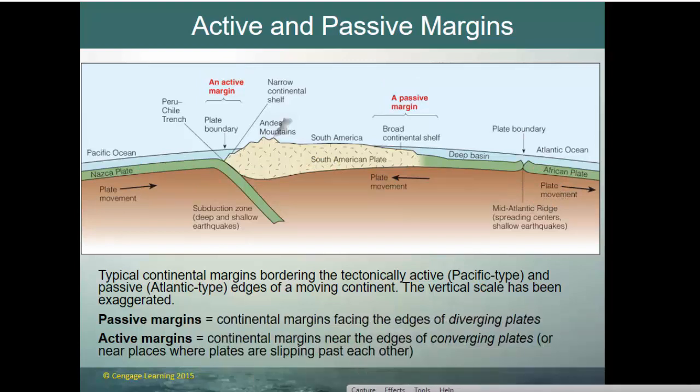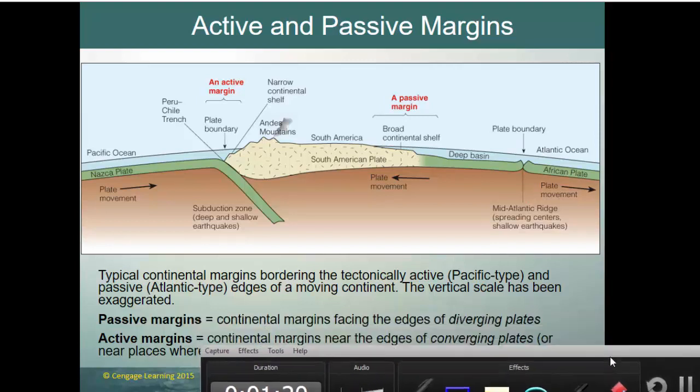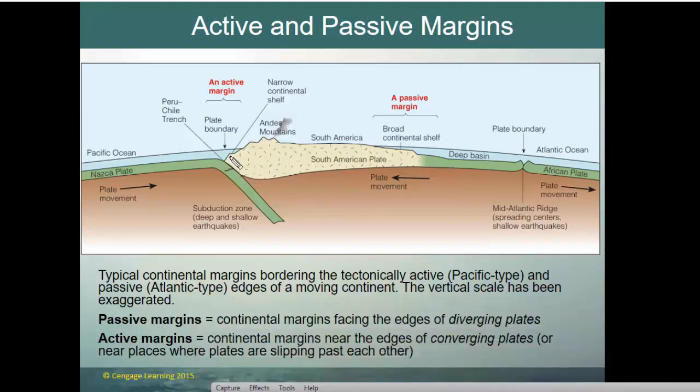So why do we have an active margin or a passive margin? Our active margin occurs because it is near this converging plate boundary. Our active margin is where we have an oceanic lithospheric plate subducting under a continental lithospheric plate. We get a trench formation, and this subducting plate creates earthquakes along the subduction zone.